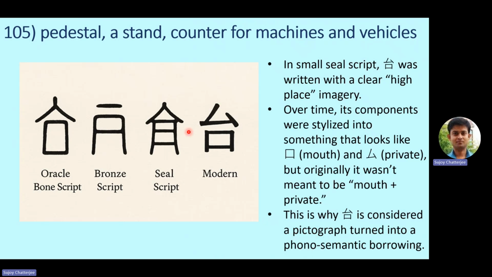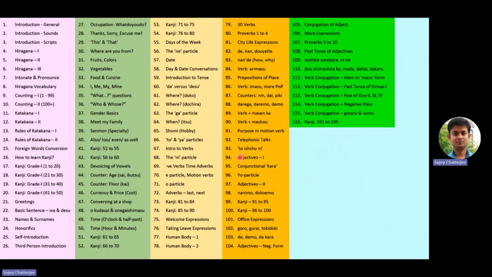So this complete thing doesn't indicate anything if we talk about meaning. It is a phonosemantic borrowing from the ancient characters, and in that way this is used to represent a pedestal, a stand, or a counter for machines and vehicles from the phonetic point of view, that is dai or tai.